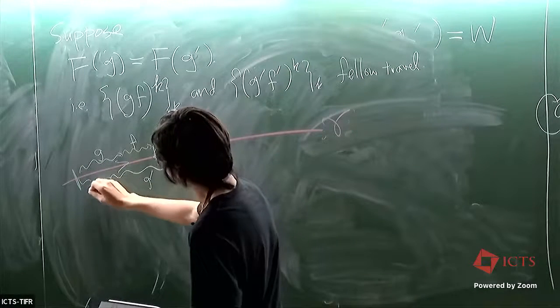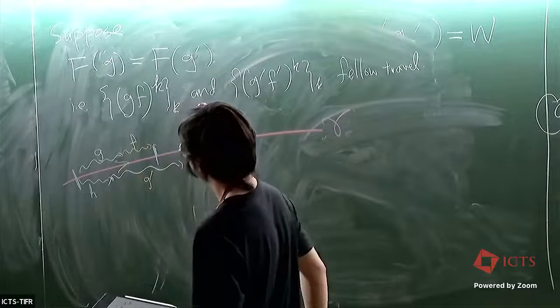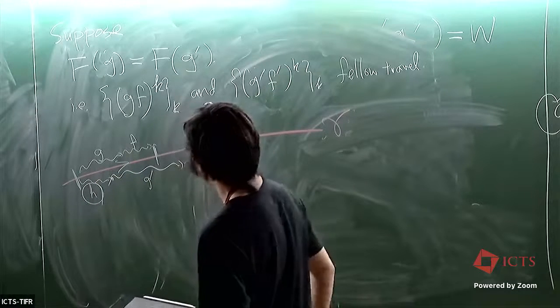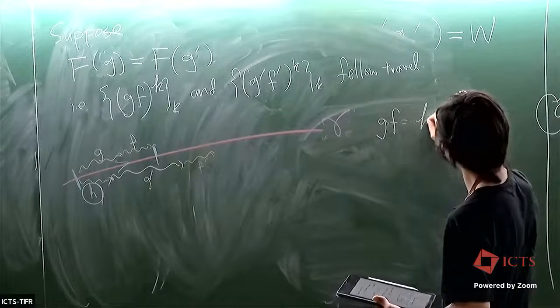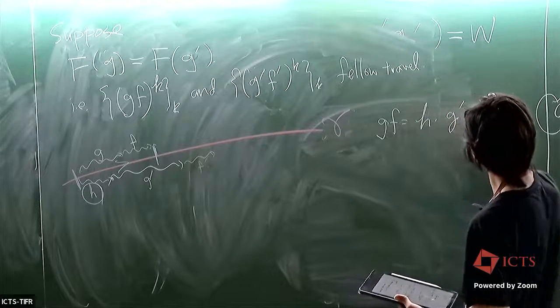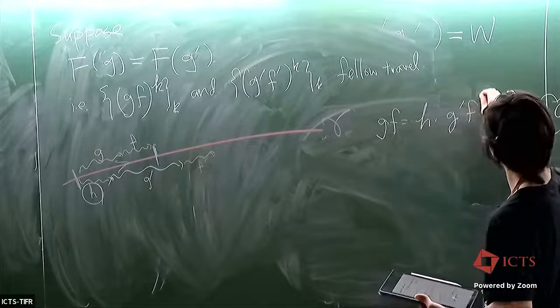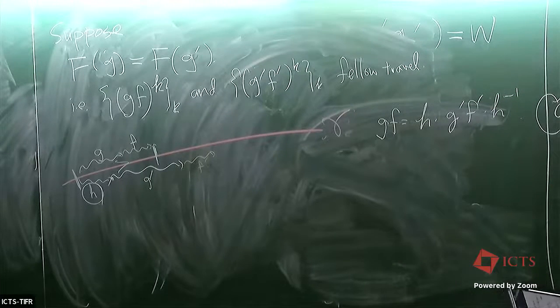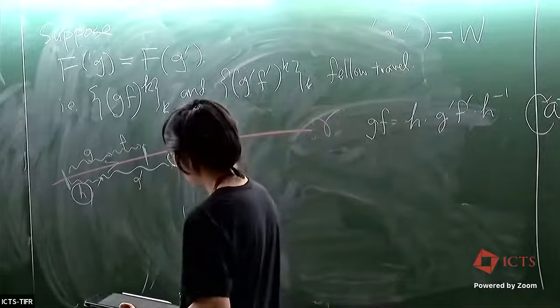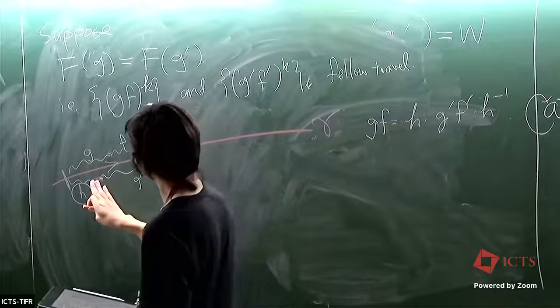If that happens, so the conjugator is H, so GF is H times G prime F prime, H inverse. So in that case, only this can happen.